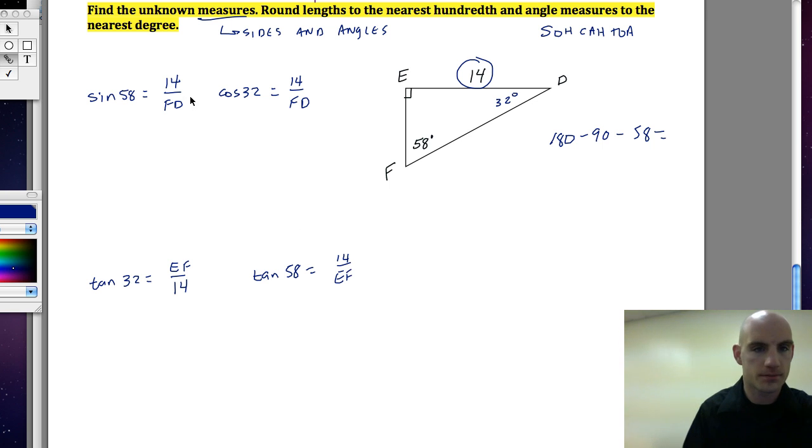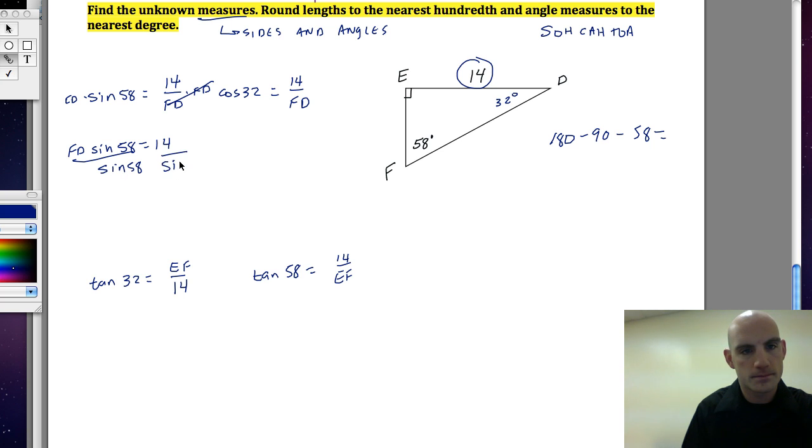Look at how this works. If I multiply by FD on both sides, I think you're going to see what's happening here rather quickly. FD sine 58 equals 14. I divide by sine 58.